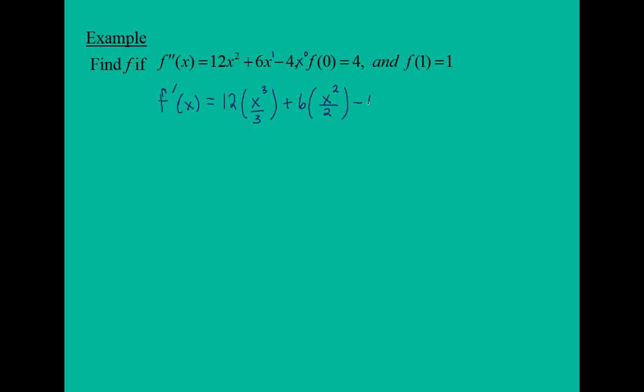If we add 1 to the exponent, we get x to the first all divided by 1. So if we clean that up a little bit, we'd have 4x cubed plus 3x squared minus 4x plus c. That's our f prime of x.